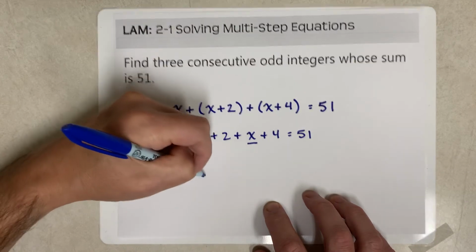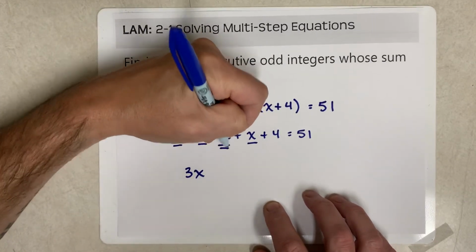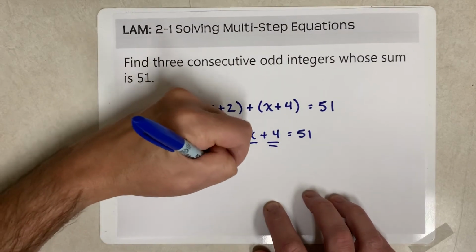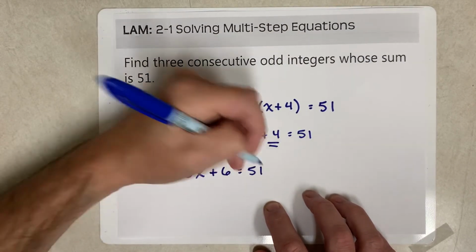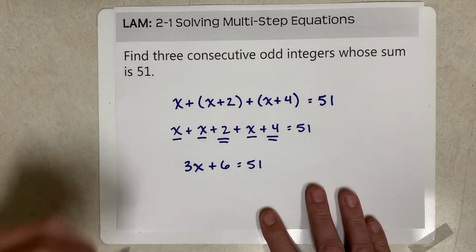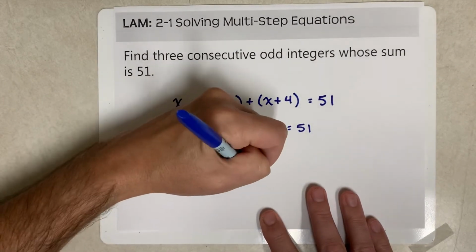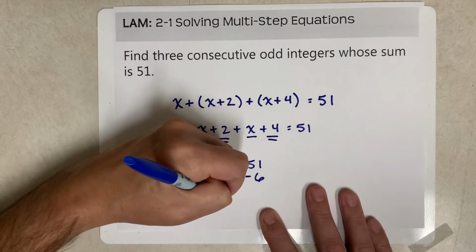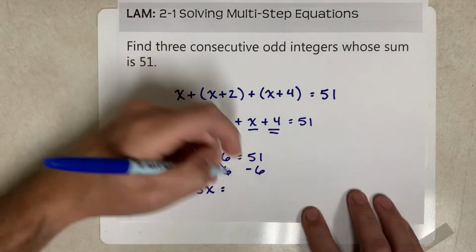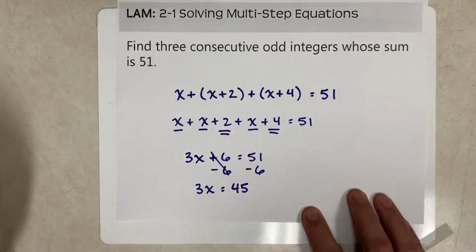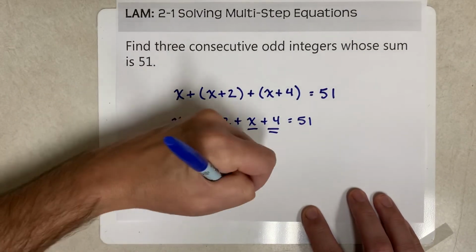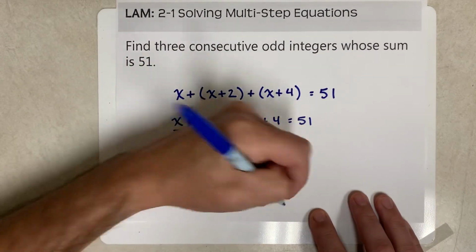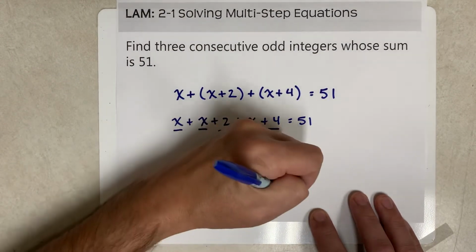So 3x plus 2 plus 4 is actually a plus 6 if you combine them, equals 51. Now we have a two-step equation. Subtract 6, subtract 6. Cancels, bring down my 3x, equals 51 take away 6 is 45. Divide by 3, and x is going to be equal to 45 divided by 3 is 15.